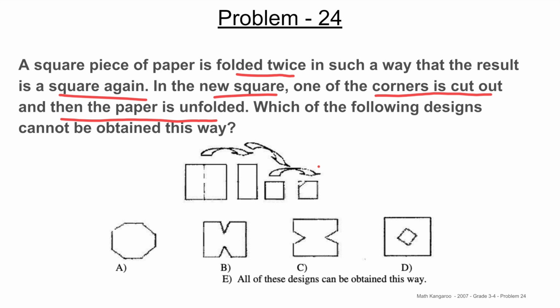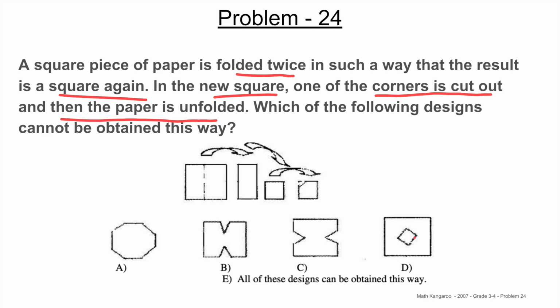First, let's imagine folding the paper like this and cutting its corner. After unfolding, we should look at option A, option B, option C, and option D. You can even try cutting a square piece of paper yourself to see the patterns, on sticky notes for example.